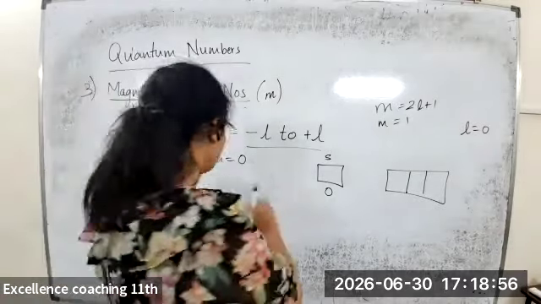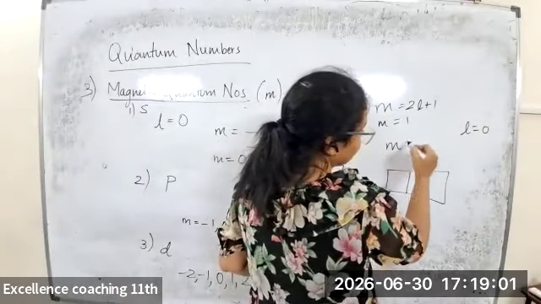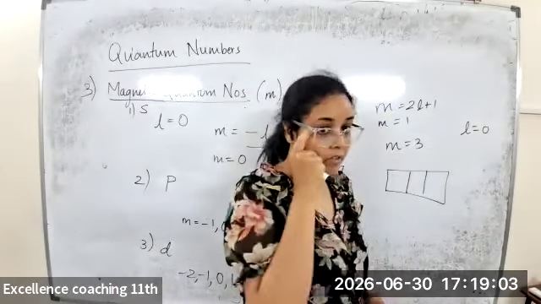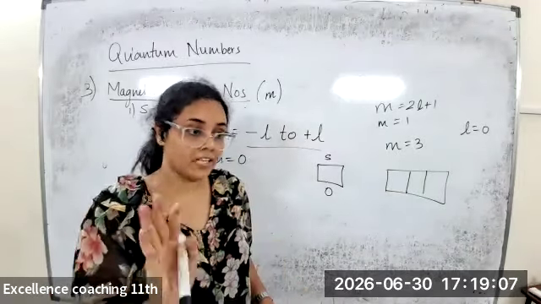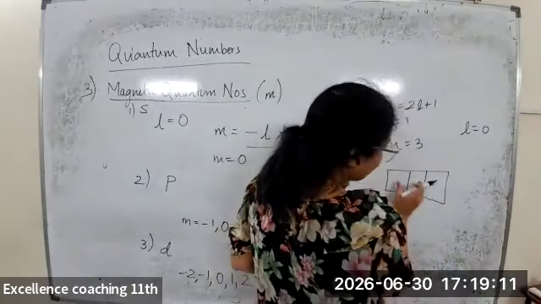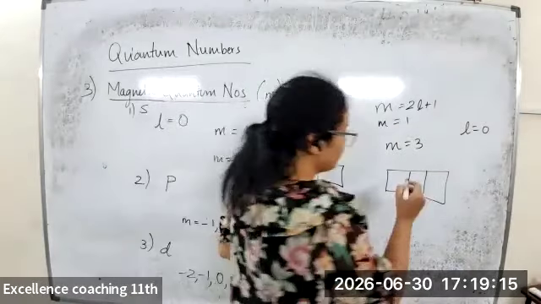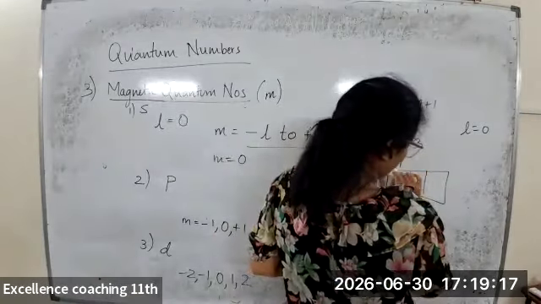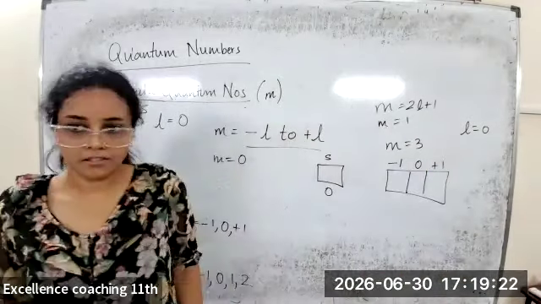So suppose I speak about the P, through this formula we have found that the number of values will be 3. And which are the values? -1, 0, +1. So it gives us information that there are 3 magnetic quantum numbers: -1, 0, and +1.